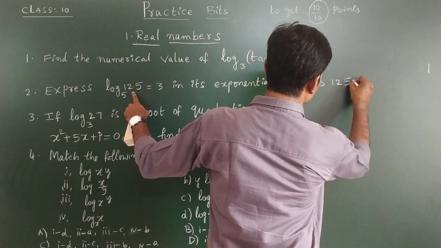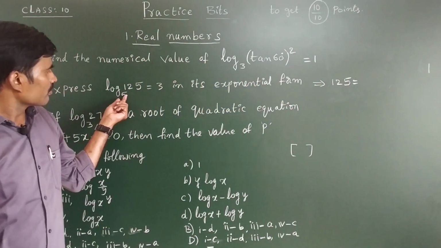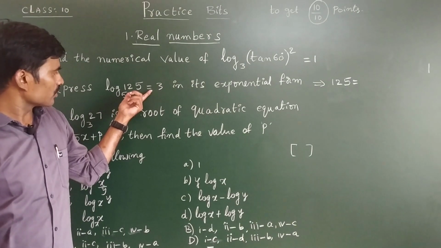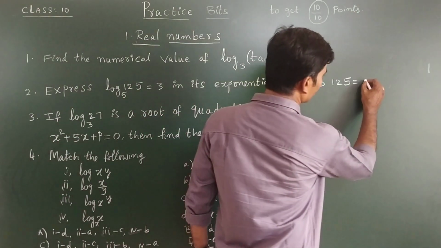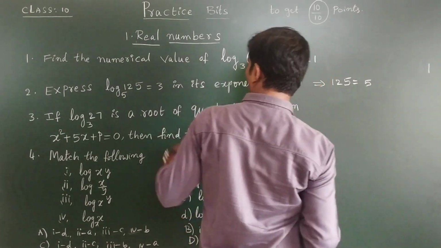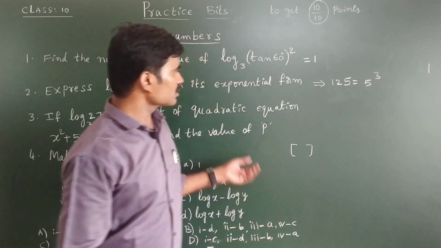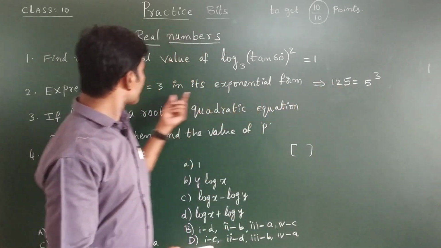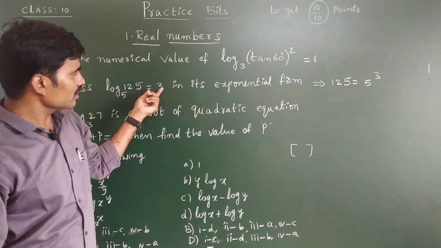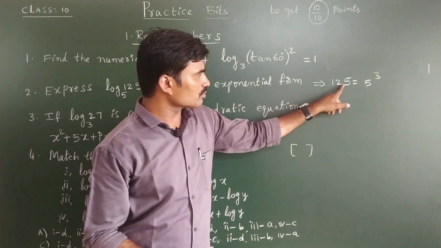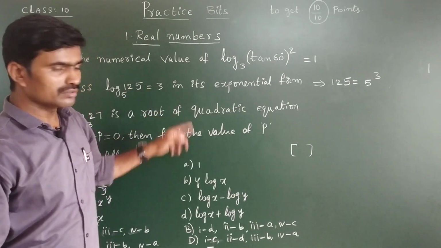After converting into exponential form, the base 5 is as it is. It will be base 5 and 3 will be power. So the exponential form of log 125 base 5 is equals to 3 is 125 is equals to 5 cube.